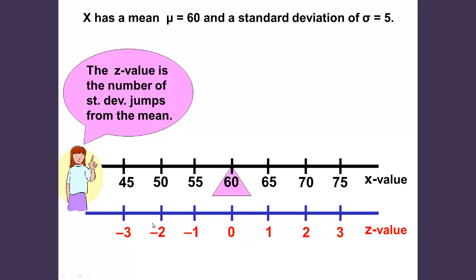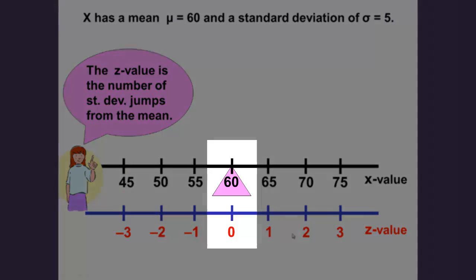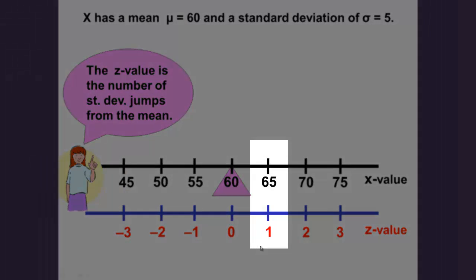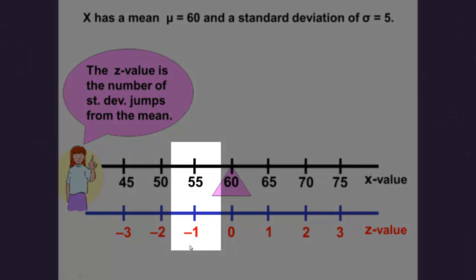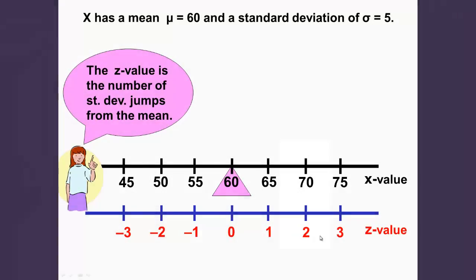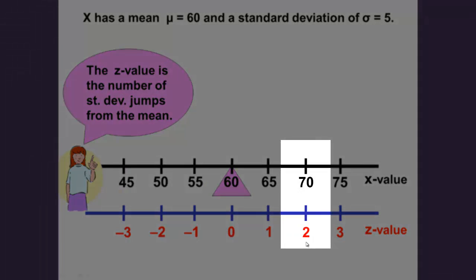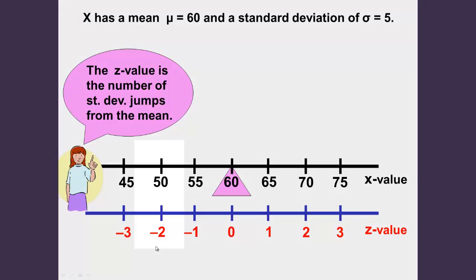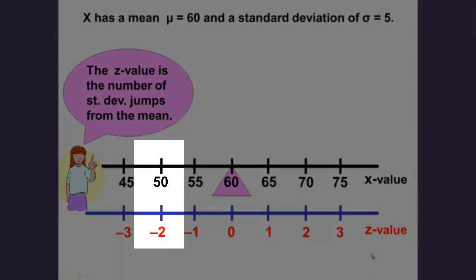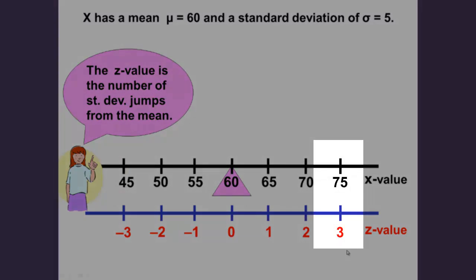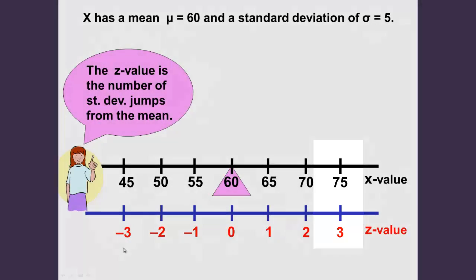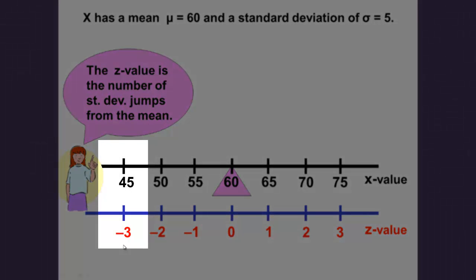Notice how it is lined up with 0 below the 60, 1 below the 65, -1 below the 55, 2 below the 70, -2 below the 50, 3 below the 75, -3 below the 45.